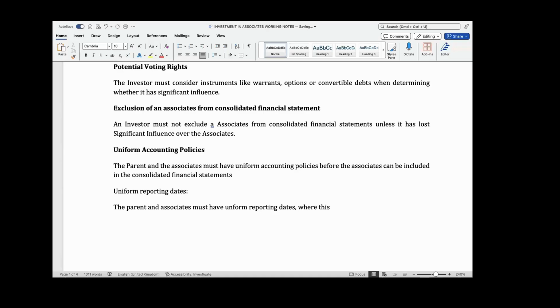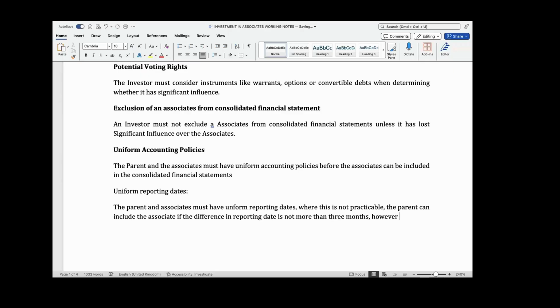Where this is not practicable, the parents can include the associates if the difference in reporting dates is not more than 3 months.